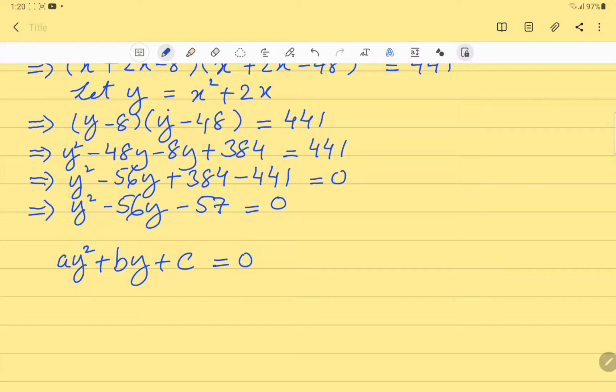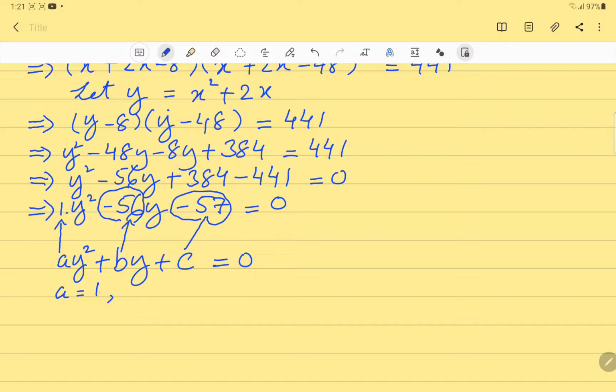Since there is no coefficient of y squared here, it means it will be 1. So a is equal to 1 and b is equal to minus 56. Again and again I am reminding, please don't miss the sign if it is negative. And this c is minus 57.